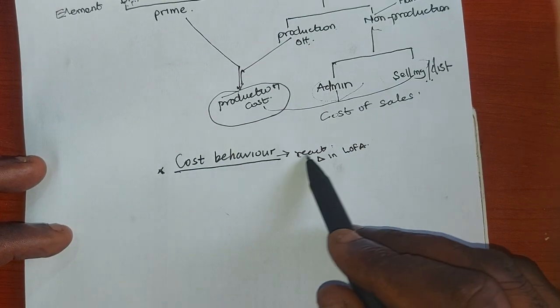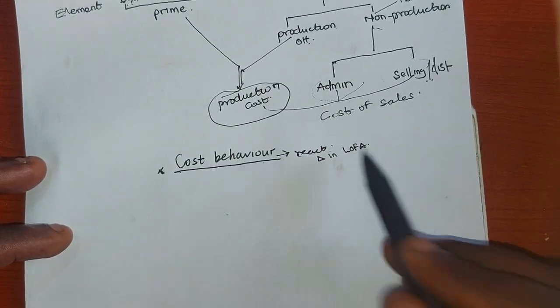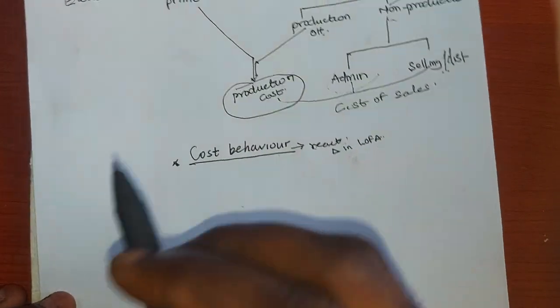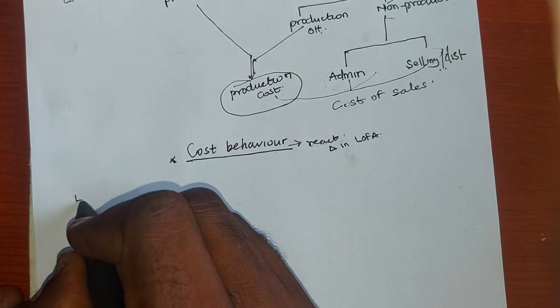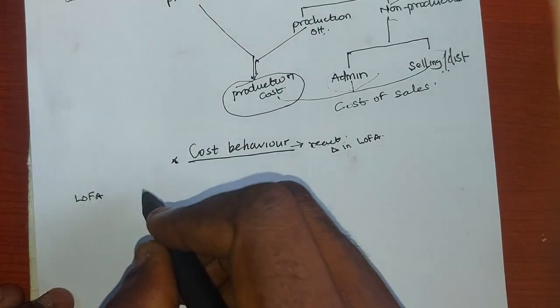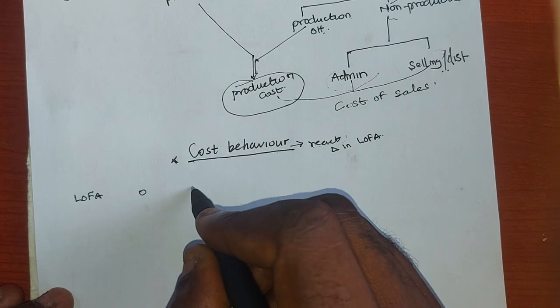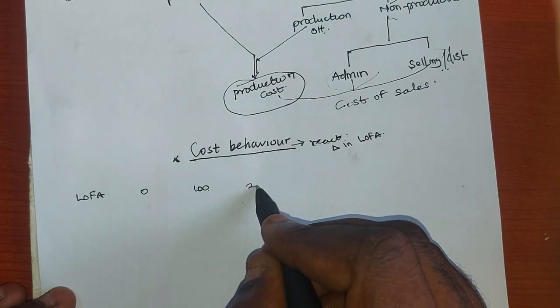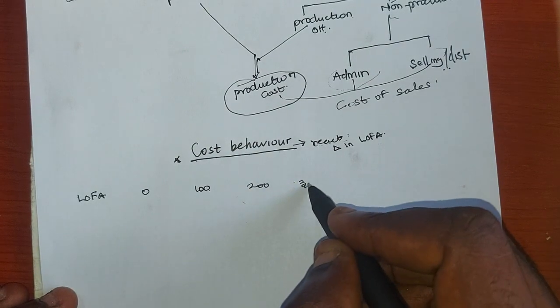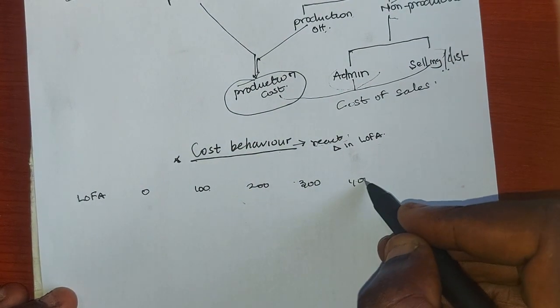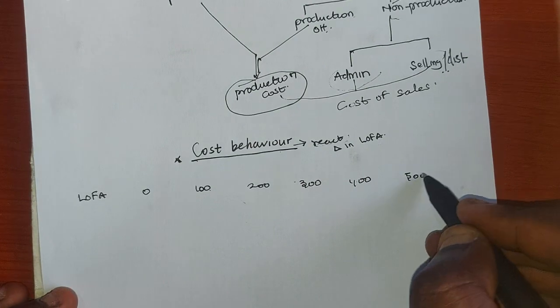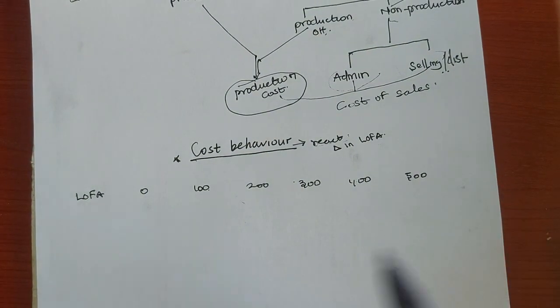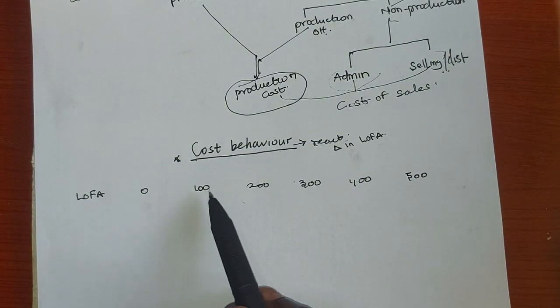Now let's take, for example, you have level of activity that starts from 0, then it increases to 100, from 100, 200, 300, 400, and 500. That is your production level.